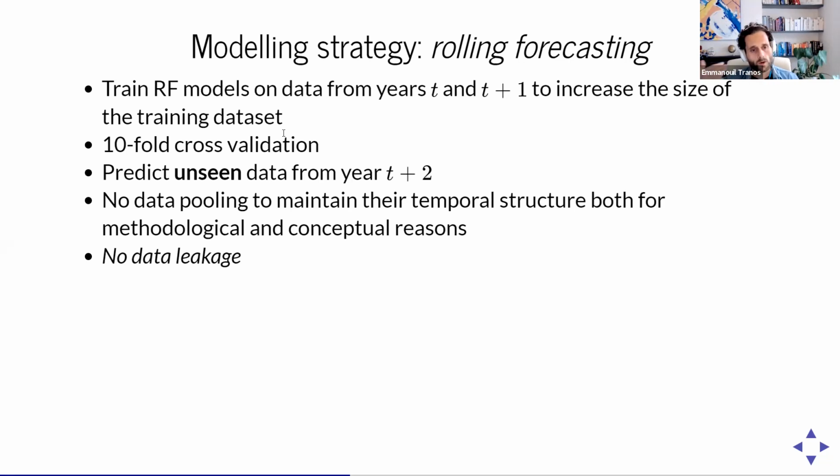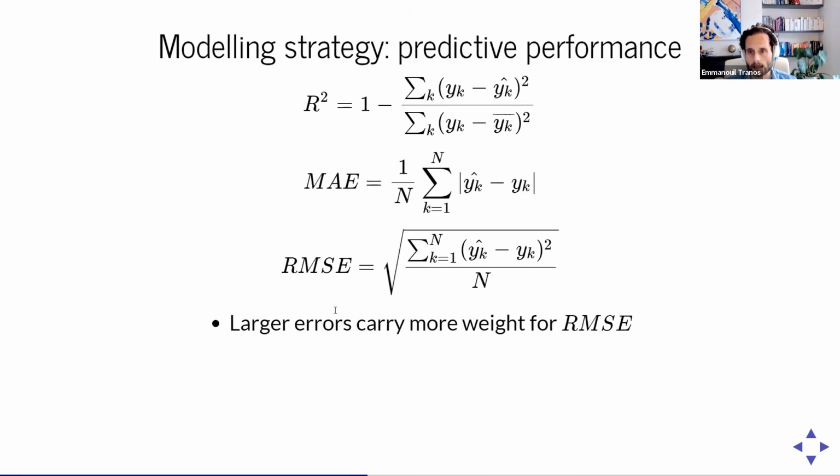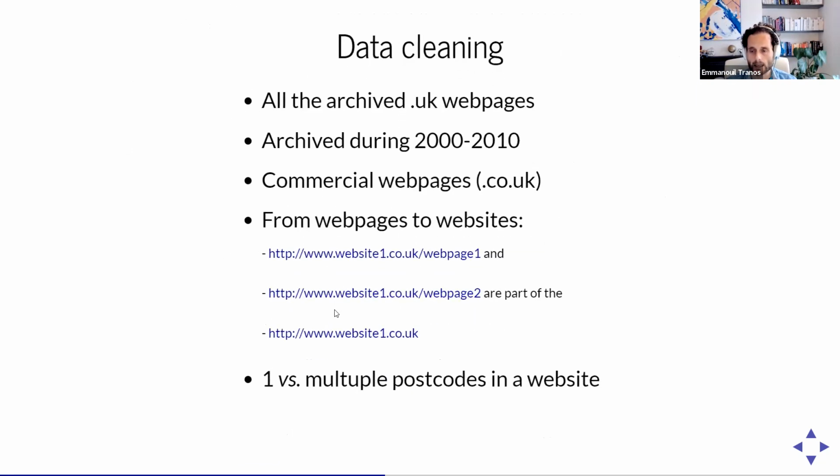So in essence, we are using this model to make out of sample predictions, and we also avoid any data leakage. We're not using present data to predict past data. This is the main modeling strategy we're adopting here. We utilize standard predictive performance statistics.